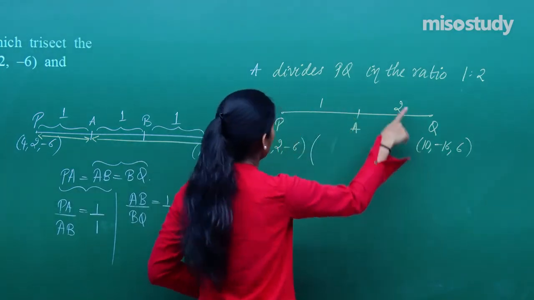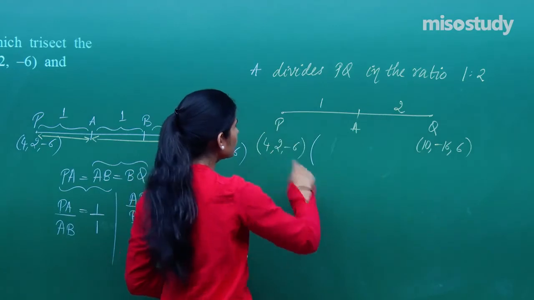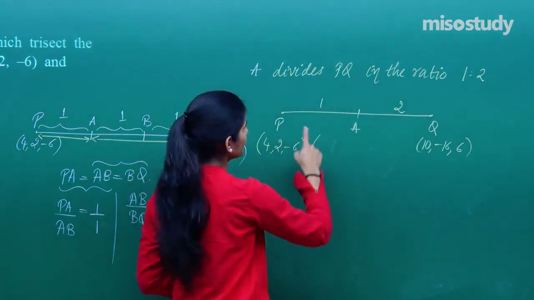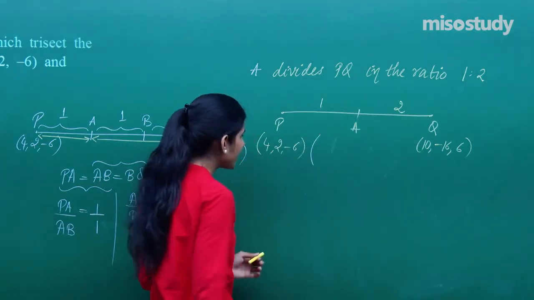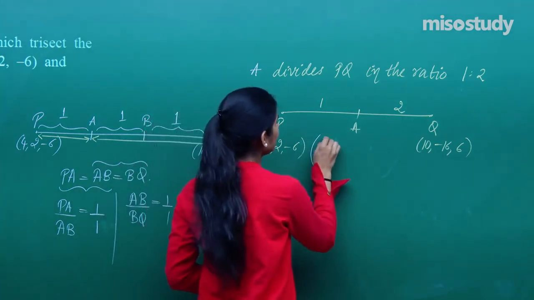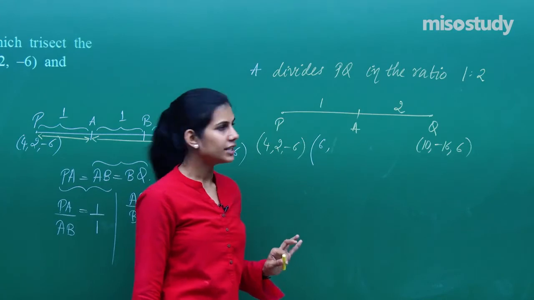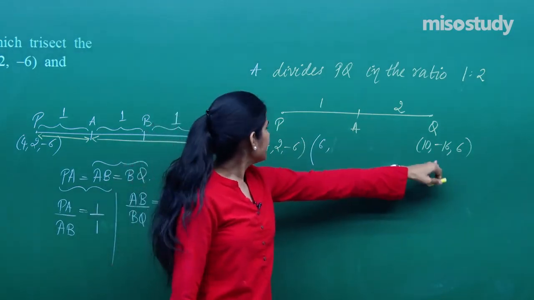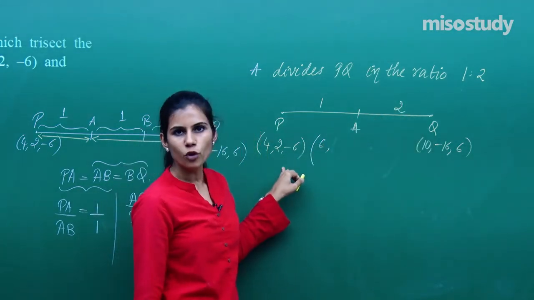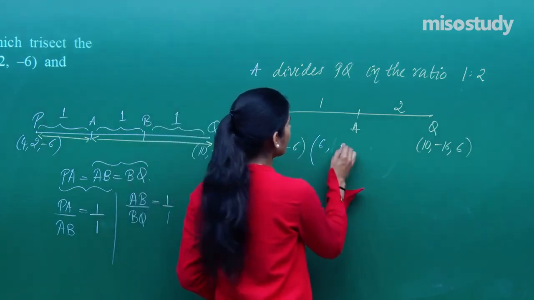1 into 10 plus 2 into 4 upon 2 plus 1. So it is 10 plus 8, 18 upon 3, that is 6. I am directly doing it; you can obviously do it in elaborative steps.